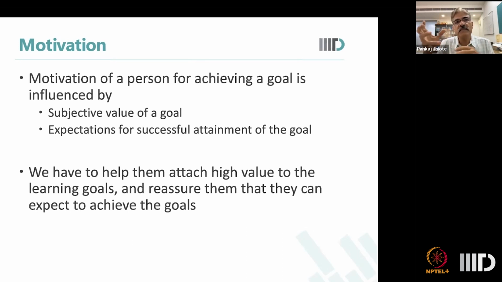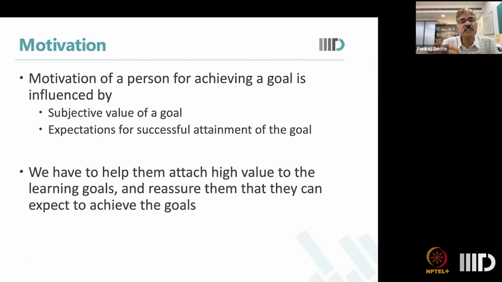One is the subjective value of the goal, and the other is expectations for successful attainment of the goal. We'll discuss these a little bit more. We have to help students attach high value to the learning goals of this course, and we have to reassure them that they can expect to achieve the goals.